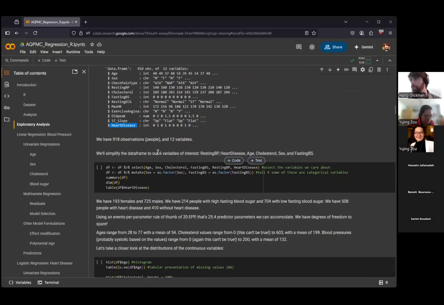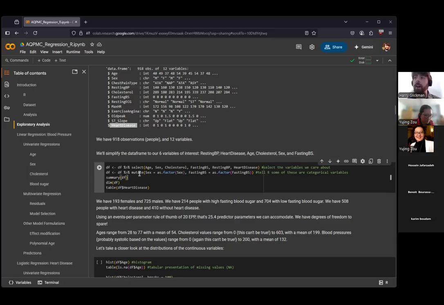So we'll move on. What we're going to do is simplify down this data frame because we don't want all these variables. We're just going to look at a subset of them. So the first thing we're going to do, and this is using the dplyr library, we're going to select the six variables we care about. So quite human readable. We're going to override the object of the data frame by selecting just those six variables we care about.